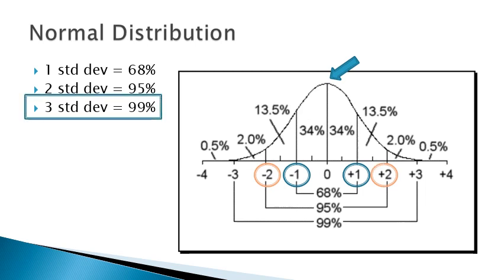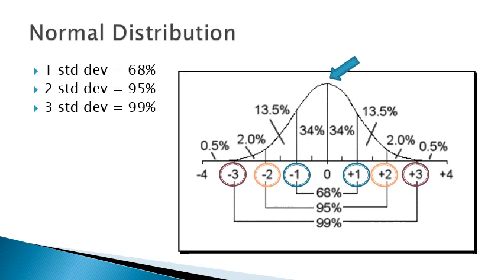The last one is 3 standard deviations, which will account for 99% of all of the information in that data set. So at -3, I'm not doing well if I was taking a test. At +3 standard deviations, I'm up in that top 0.5% of people doing very well.